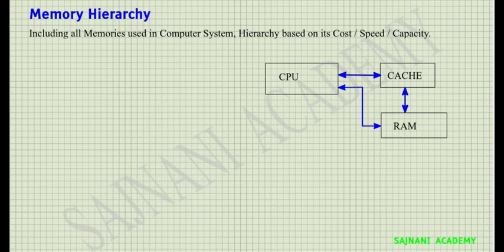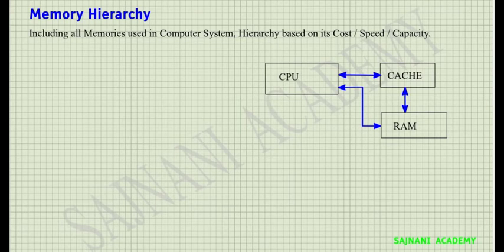The reason is that full information cannot be kept in cache, as the cache memory is very little as compared to RAM. If we have a RAM of 8 GB or 16 GB, the cache memory is hardly 1 MB or 2 MB. So that is why all the information cannot be kept in the cache.